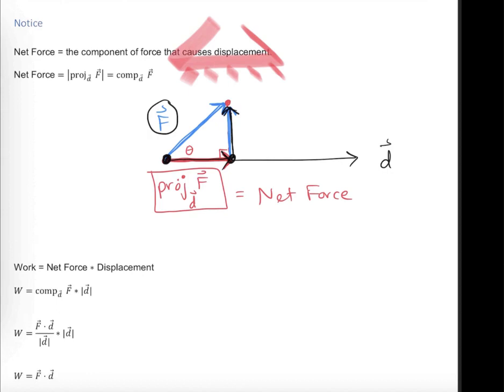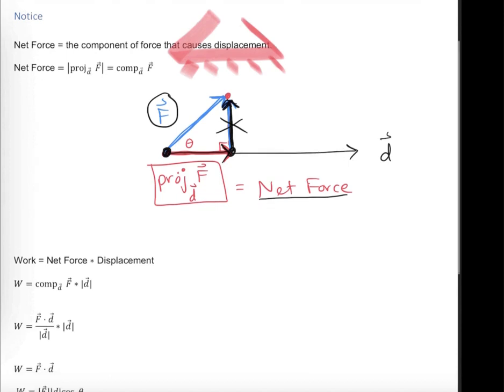The other component of the force vector is perpendicular to displacement, and so that one is not contributing to the movement. The only component of the force vector that contributes to the motion is this net force, which is the same as the projection vector.